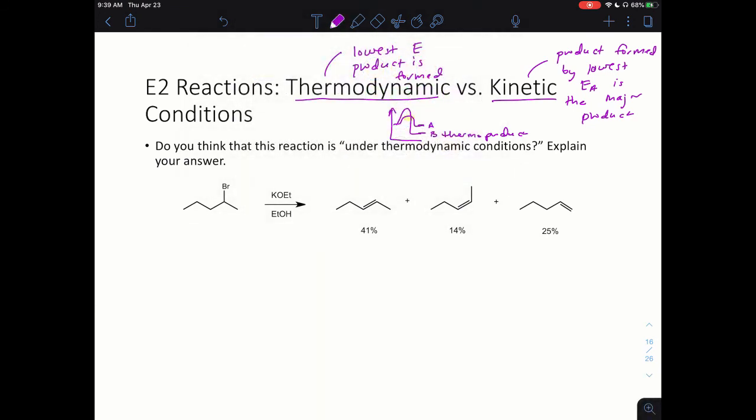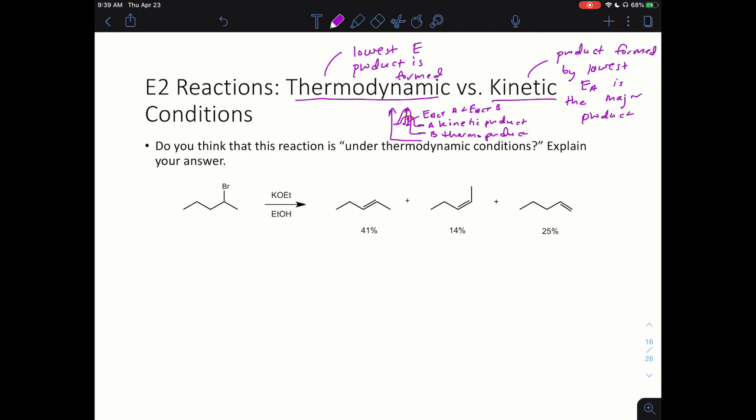That would make A the kinetic product. So I would like to answer the question, do you think that this reaction is under thermodynamic or kinetic conditions? So what do you guys think? Is it under thermodynamic or kinetic conditions?